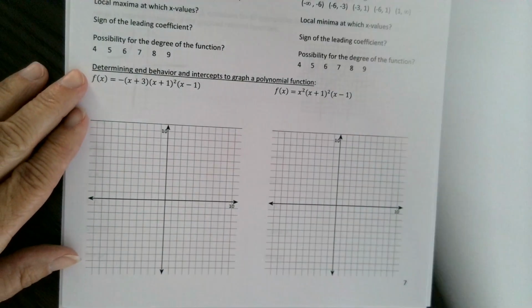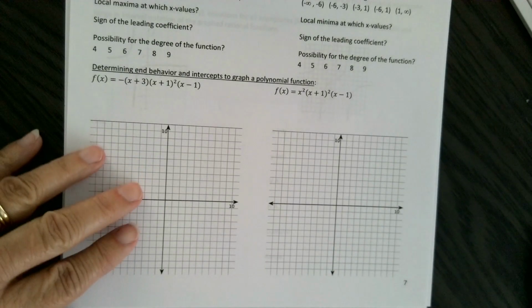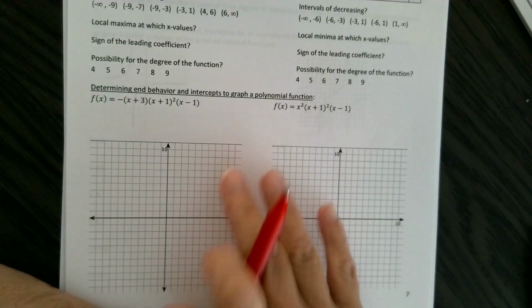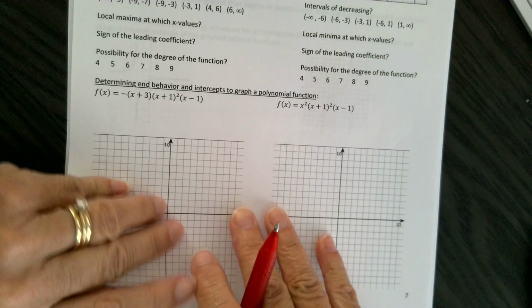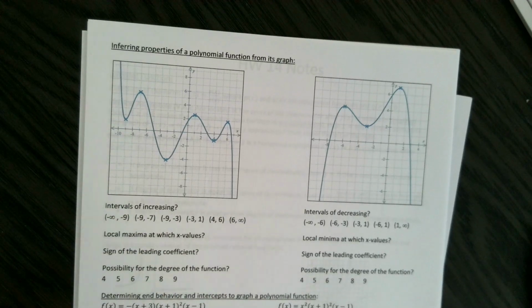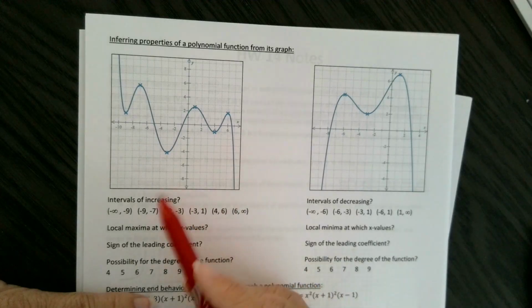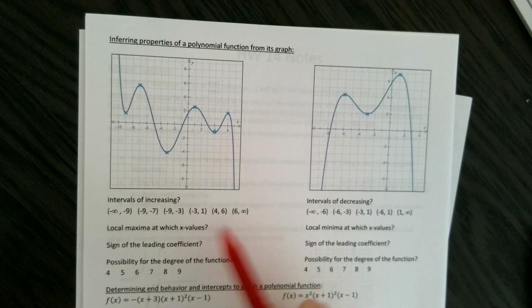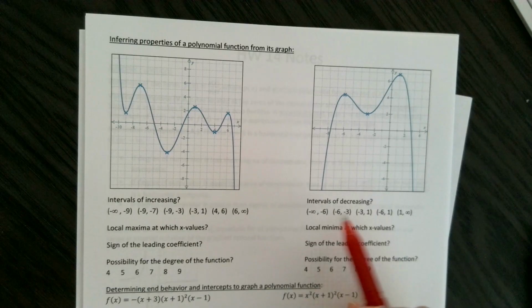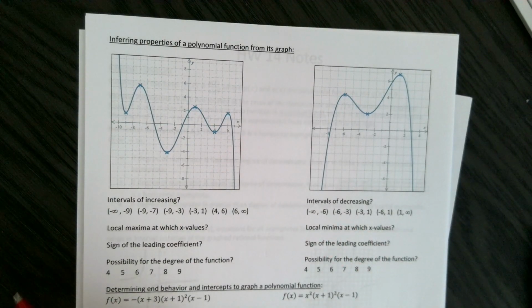Okay, so now we're going to talk about it. To me, it's easier to do this than to go up and do this, but we're going to start right here. All right, so let's talk about intervals of increasing. Now notice increasing and decreasing, all parentheses, all x values.